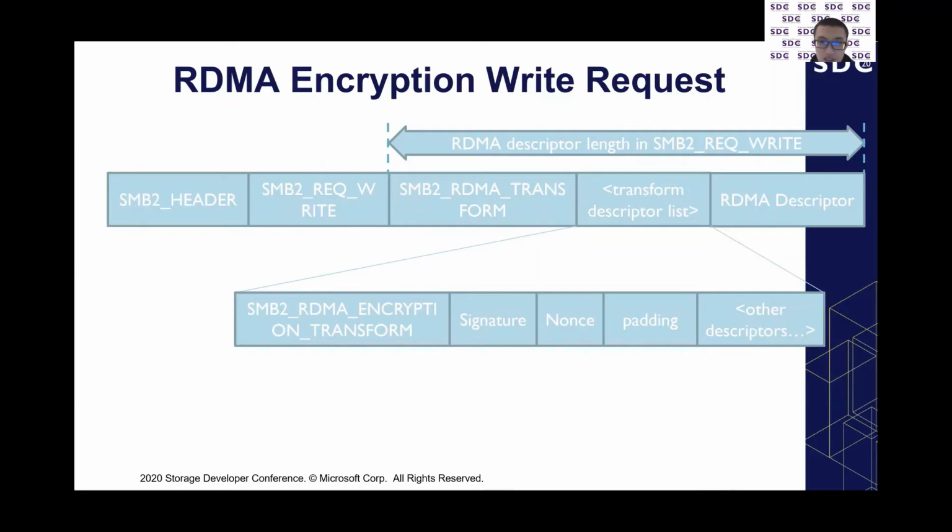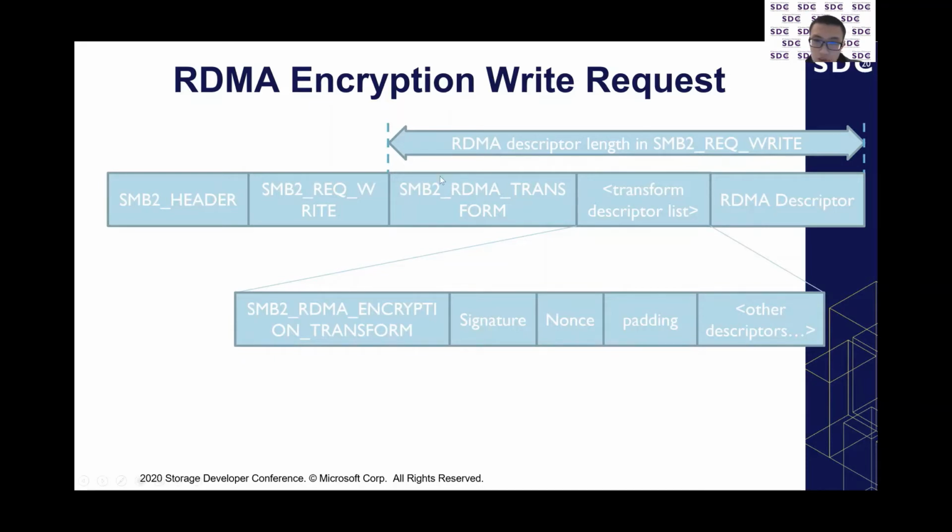The channel value on the write request will be set to RDMA transform, whereas the RDMA descriptor length and offset in the RDMA transform struct will be used to locate the actual RDMA descriptor consumed by SMB Direct.